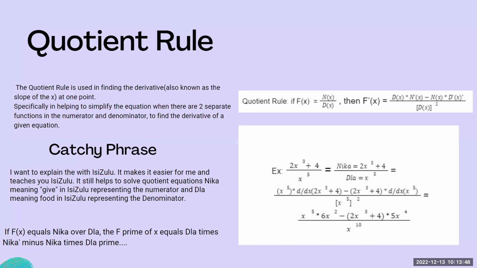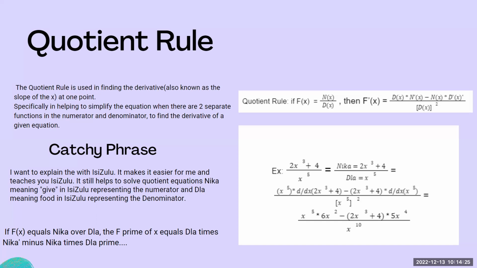So using the quotient rule, x to the fifth power is our denominator, so our denominator times the derivative of 2x to the third power plus 4, minus 2x to the third power plus 4 times the derivative of x to the fifth power, over x to the fifth power squared.